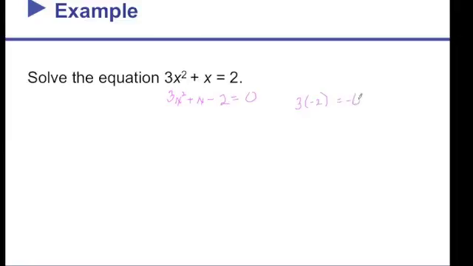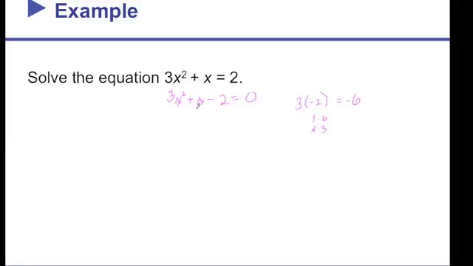I get negative 6. Then I ask myself, are there two numbers that multiply together to give me negative 6 that have the sum of positive 1? For 6, I can get 1 and 6, or 2 and 3. If the signs are different, I can get negative 6. Actually, 3 and 2 are it.